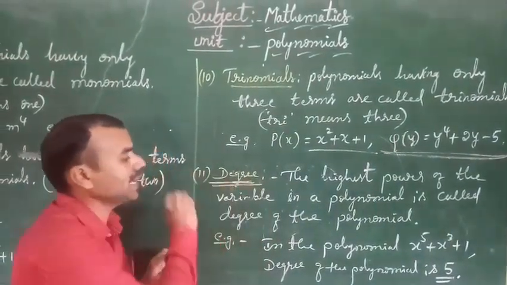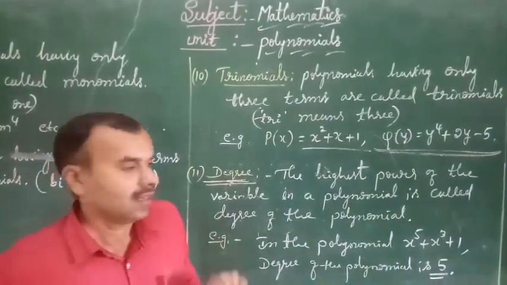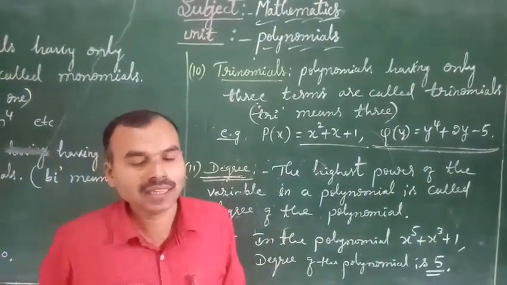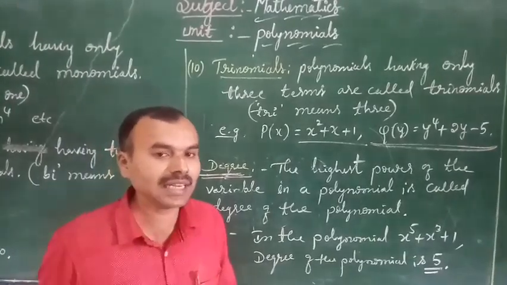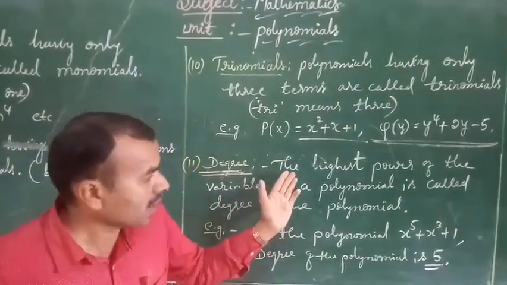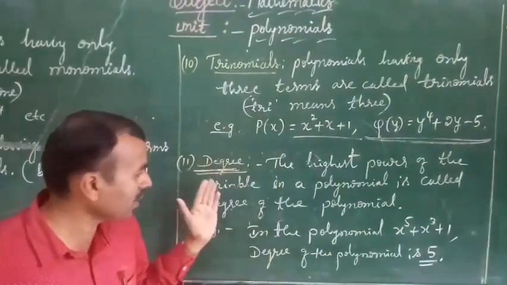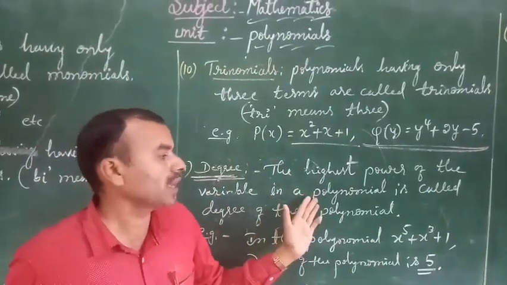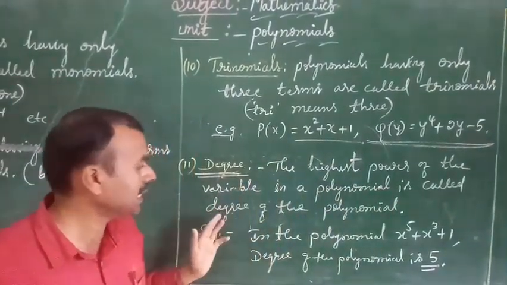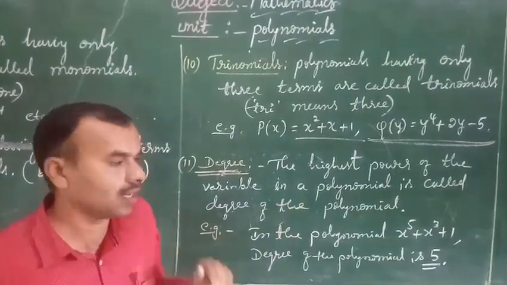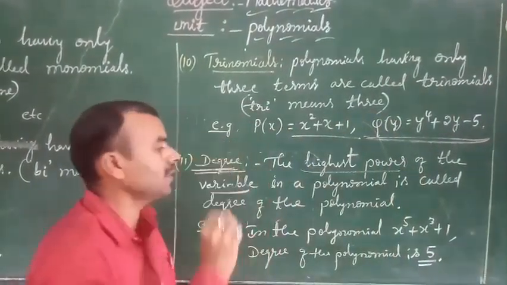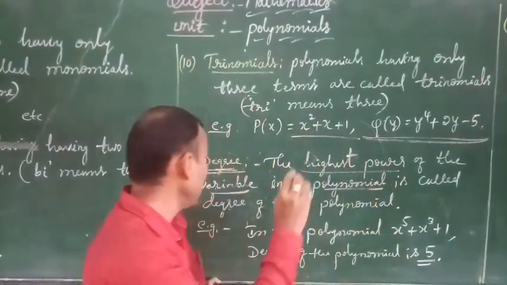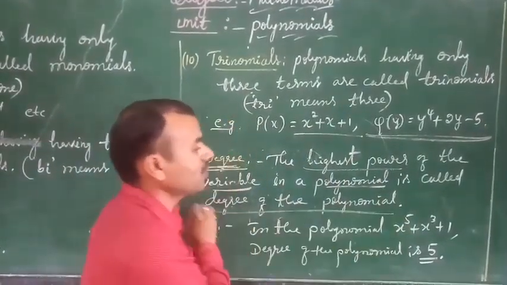Now important thing, degree. In any polynomial, the highest power of the variable is called the degree of the polynomial. You should remember this.